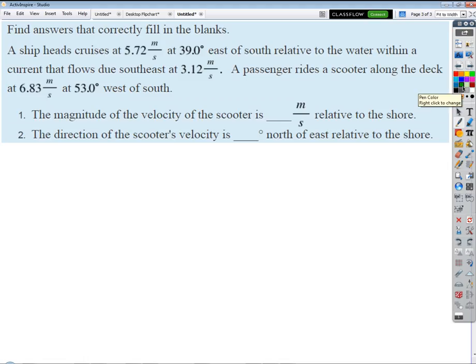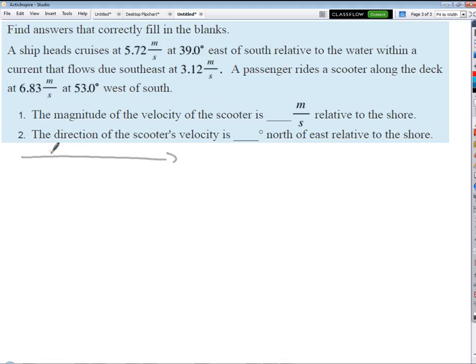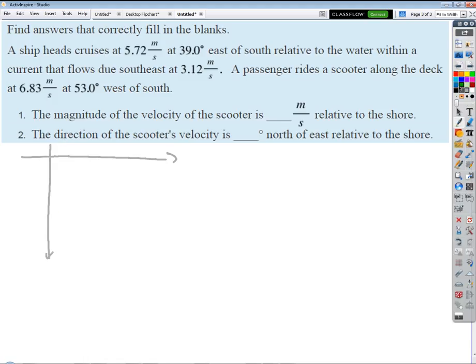So what's this one going to look like? Let's draw this picture. It's 5.72 is the magnitude, 39 degrees east of south. So starting at south, we're going to swing to the east, so it's going to be kind of a downward angle. There's south, and there's east.